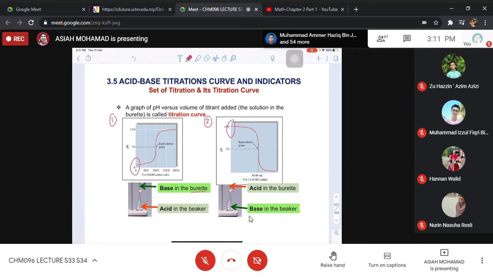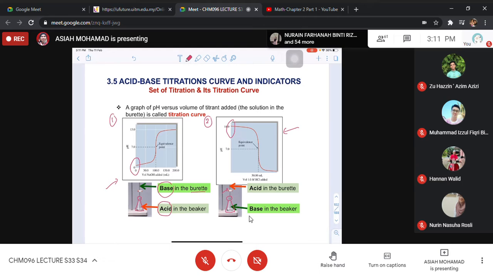From this titration curve, we can predict what species we put in the flask. Of course, in this case, acid is in the flask and base in the burette. But the other way around, if you set up the base in the flask and put an acid in the burette, you will get this titration curve.